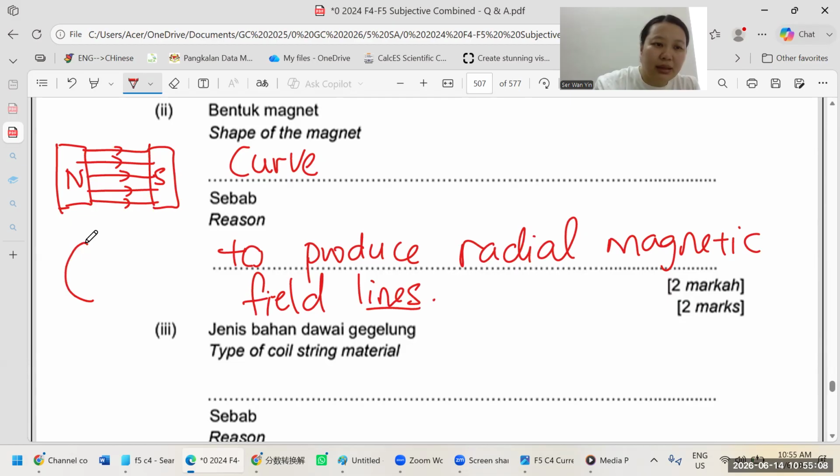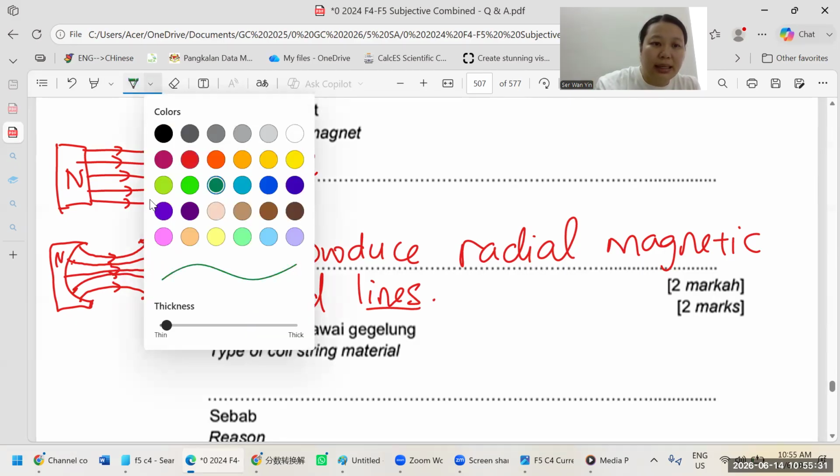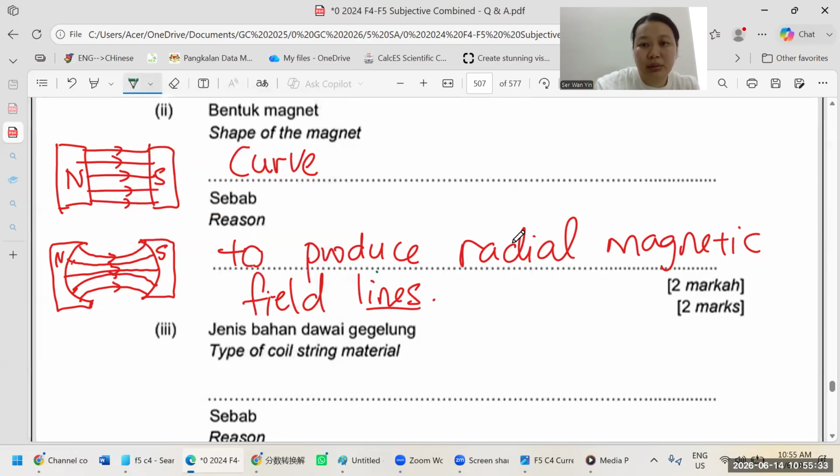But if you make a curved one, north and south, then the lines will be like this. It's curvy and it can be like a radial.